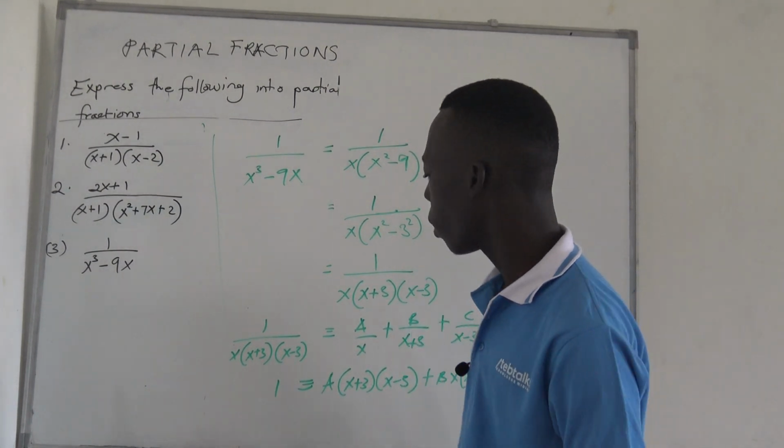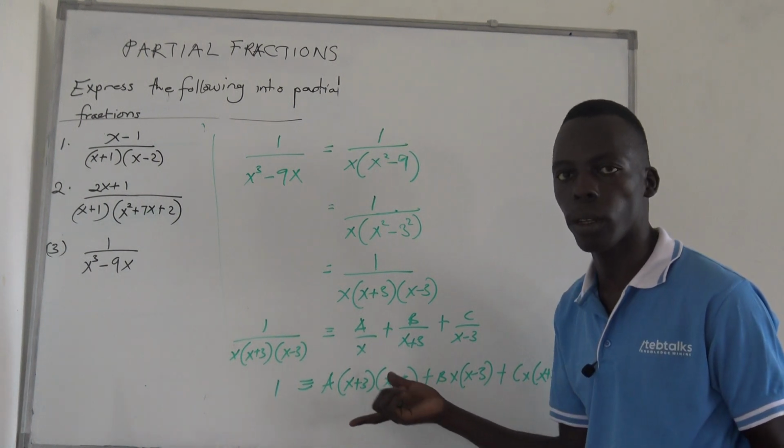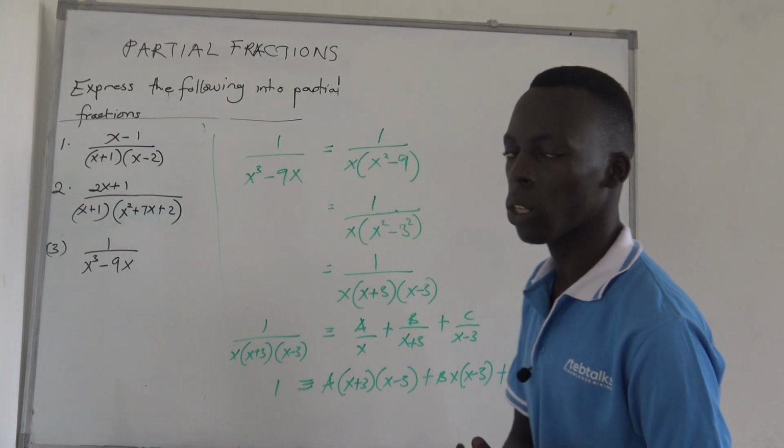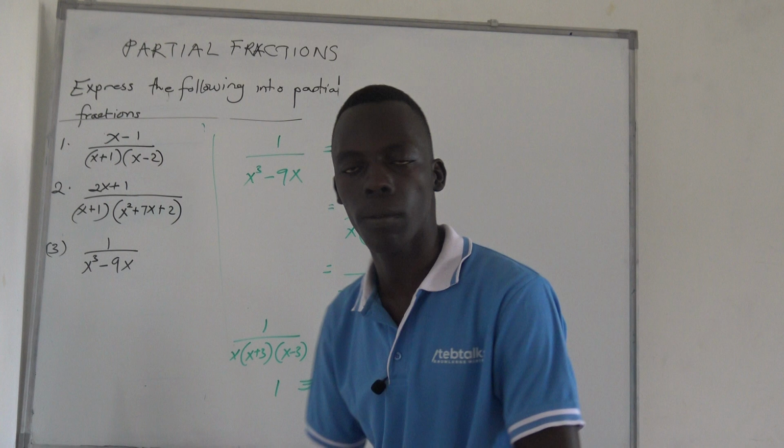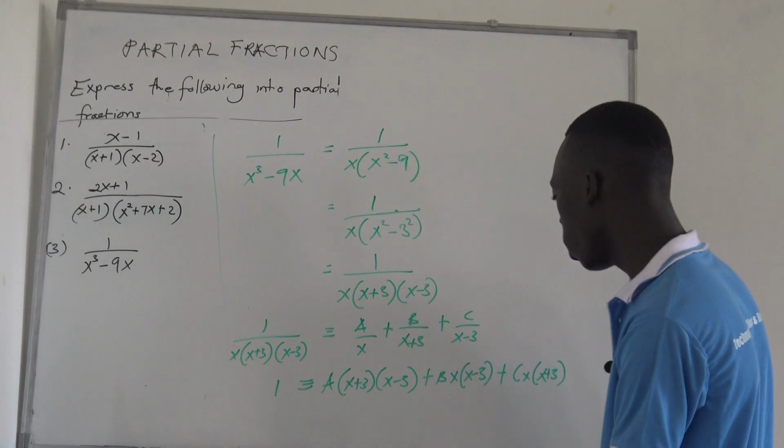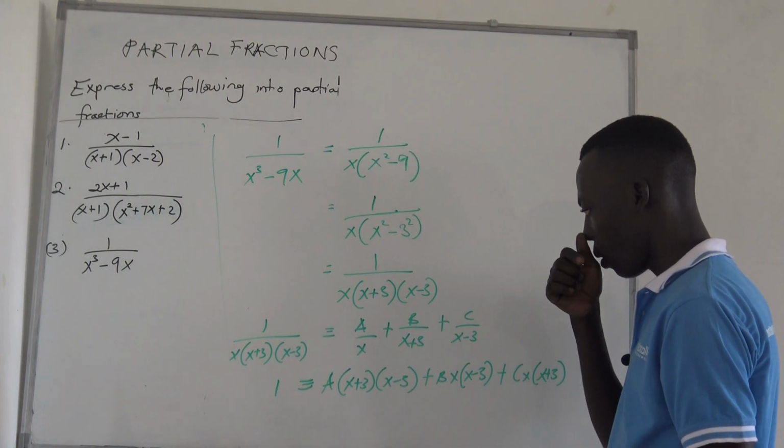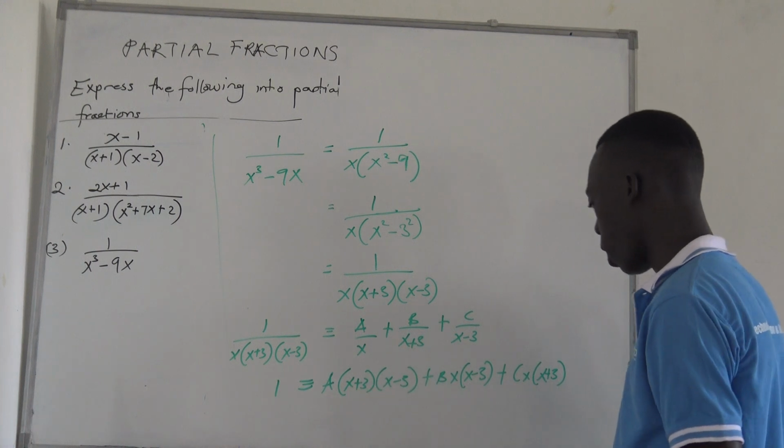So when we reach this step, we see which number we can substitute to give us a 0 on a certain occasion.